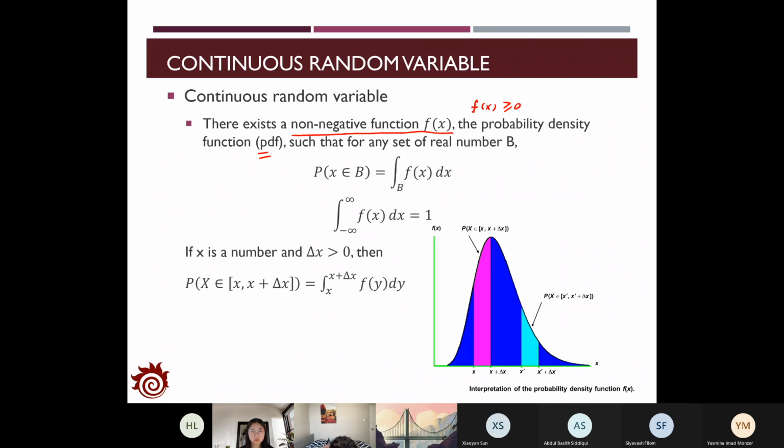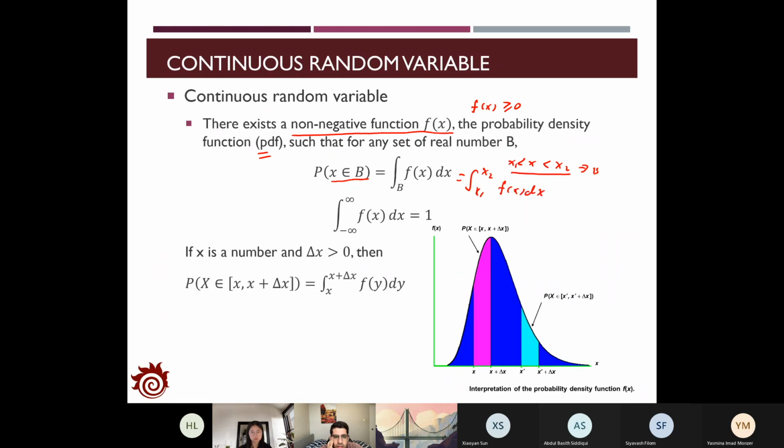And if x belongs to a set B, say x larger than x1 and smaller than x2, then the probability of x in this set B will be the integration of fx in that region. So for this specific example, you're going to have the integration from x1 to x2 of fx dx.